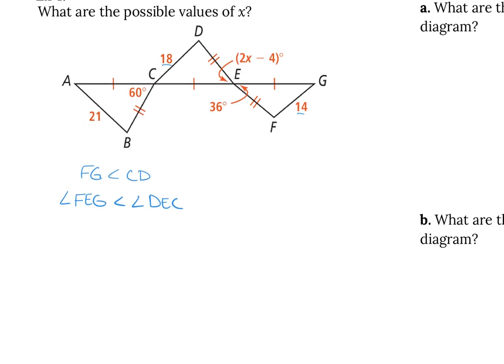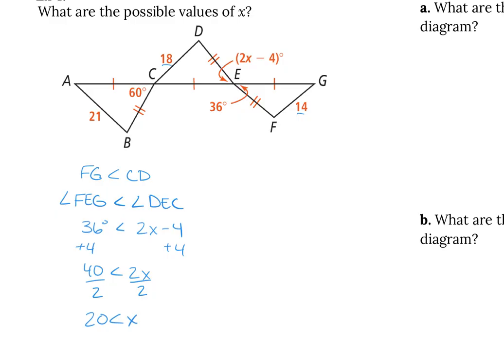Now I'll plug in the information that I know for those. So I know that angle FEG is 36 degrees and DEC is 2x minus 4. And I'm going to solve for this. Okay, so our x has to be greater than 20.